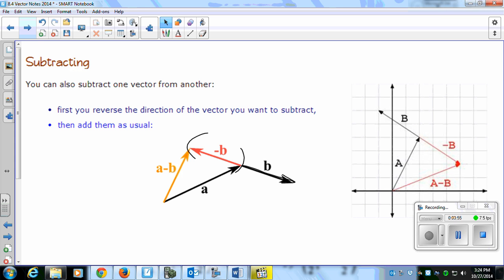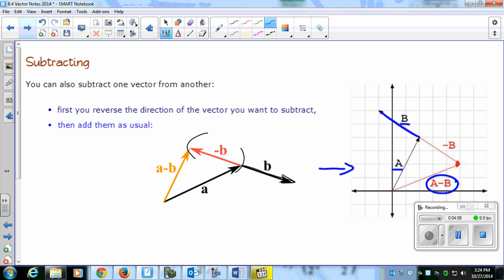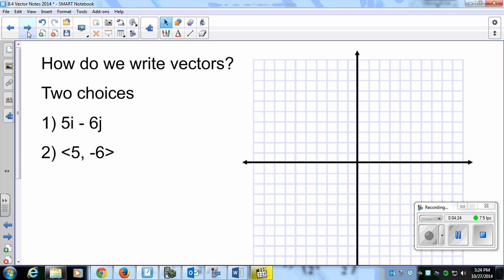On this diagram, you can see A minus B: if this is your A vector and this is your B vector, and you wanted the resulting A minus B, you reverse the direction of B because it's negative, and you have negative B, line tip to tail, and this is the resulting vector, A minus B. We'll always bring vectors back to the origin. Okay, so that's subtracting our vectors.